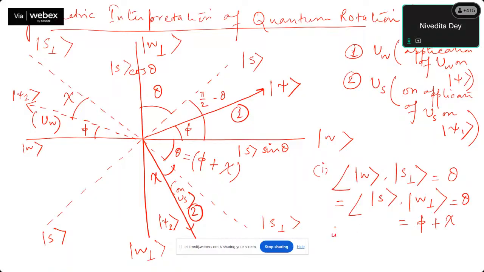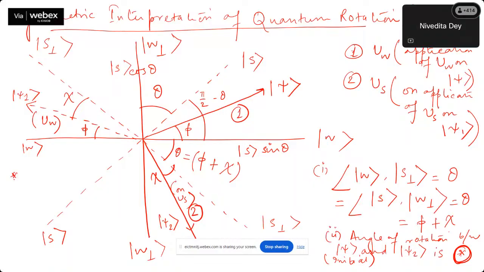And the second is the angle of rotation between psi, which is the initial one, and what is the final state, psi 2. Psi to psi 1 to psi 2. So psi and psi 2 is basically, I'm just writing it here, nothing but your phi plus theta plus lambda.